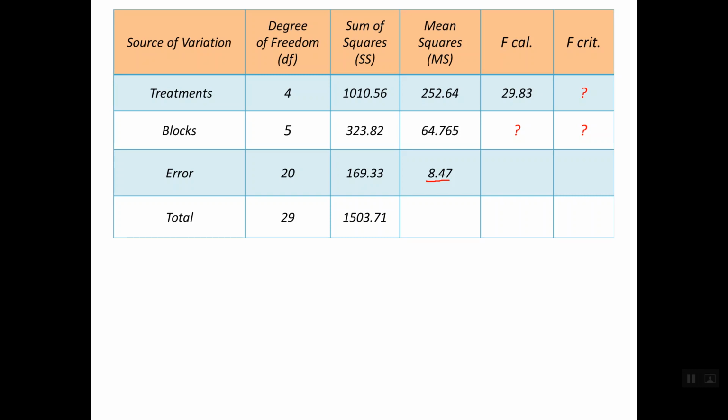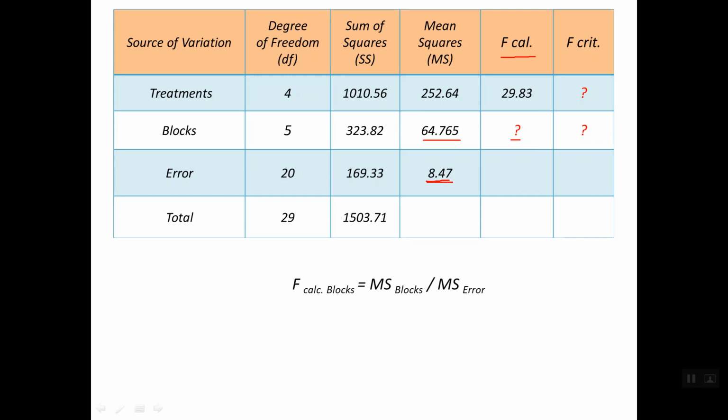Now, what is missing in the column of the calculated F? Here we have a missing value for the calculated F for the blocks. And we know the formula to calculate the value of F: it is simply dividing the value of the mean square by the value of the mean square for the error.